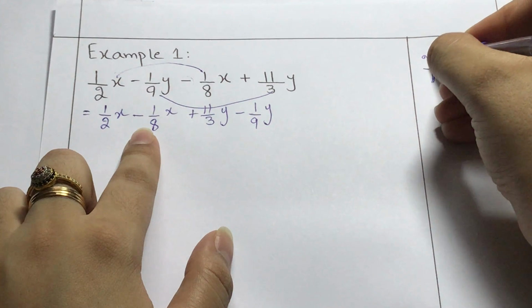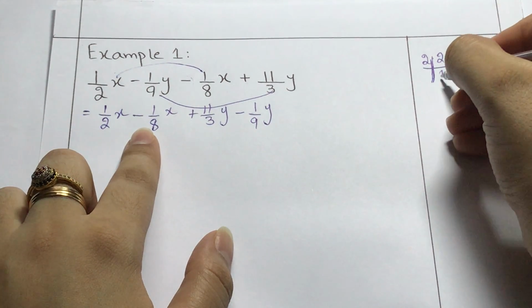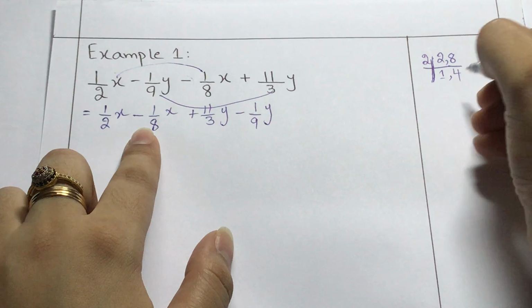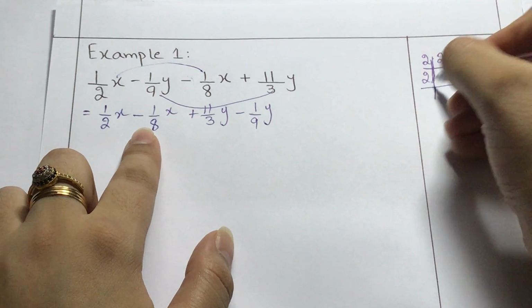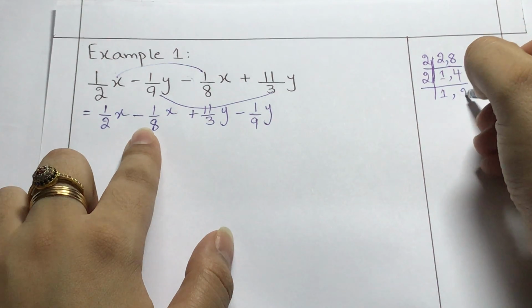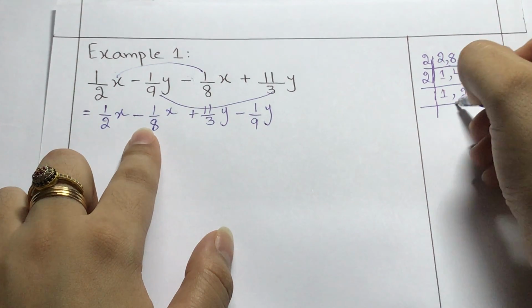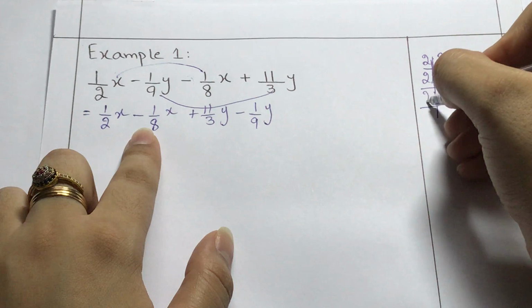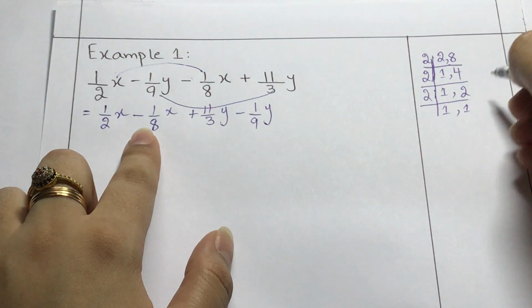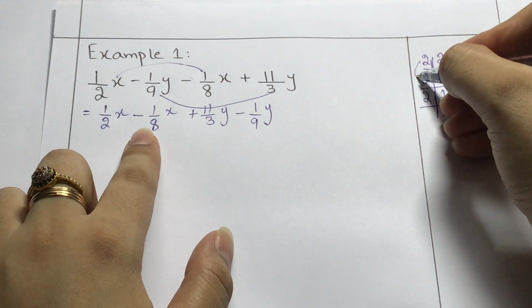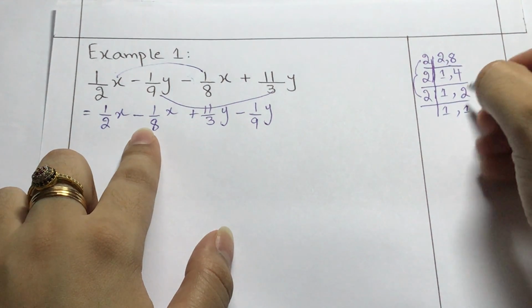So first we will divide with 2. 2 ones are 2, 2 fours are 8, right? Again 4 is divisible by 2, so 1 as it is, we will write 2 twos are 4. Again 2 is divisible by 2, so we will write 1 as it is, and 2 ones are 2. So the LCM will be 2 twos are 4 and 4 twos are 8.